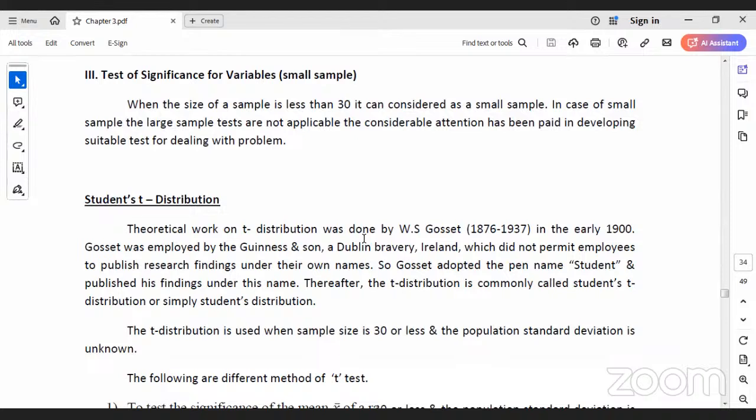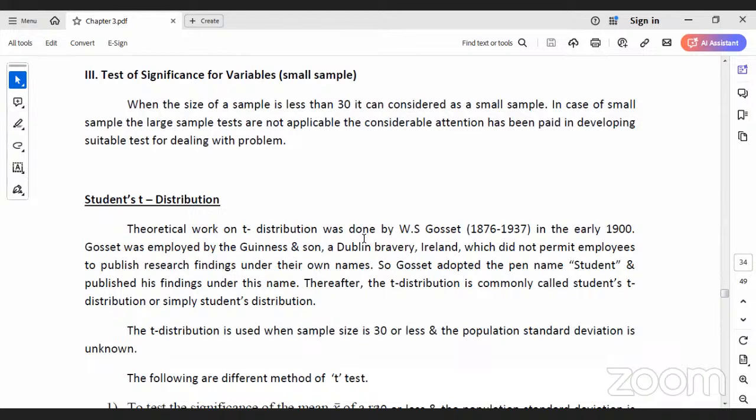So Gossett adopted the pen name Student and published his findings under this name. Thereafter, the T distribution is commonly called Student's T distribution, or simply Student's distribution.